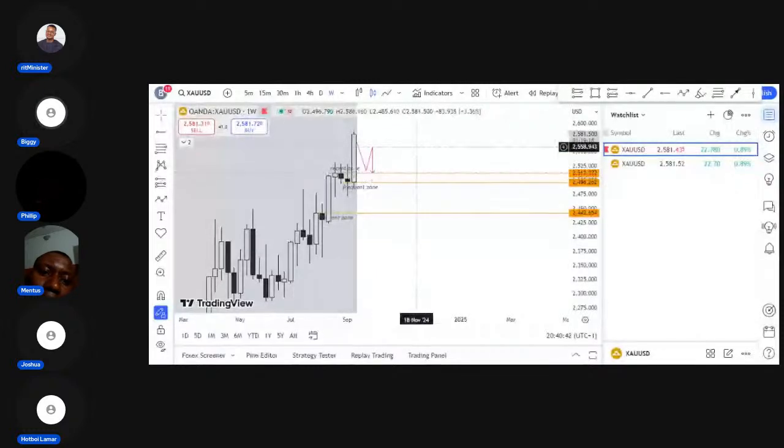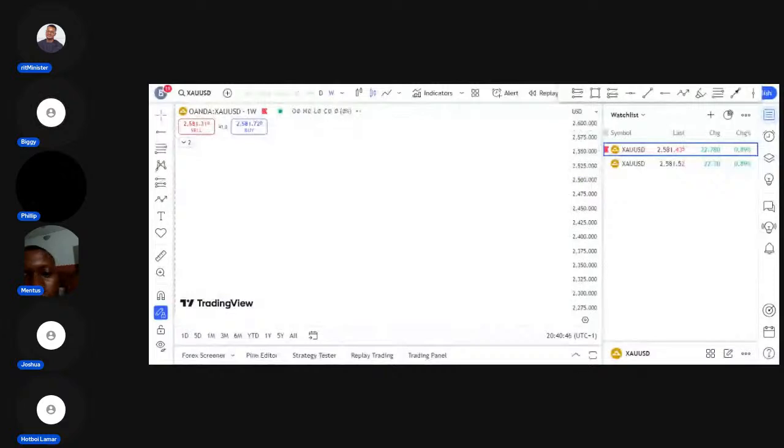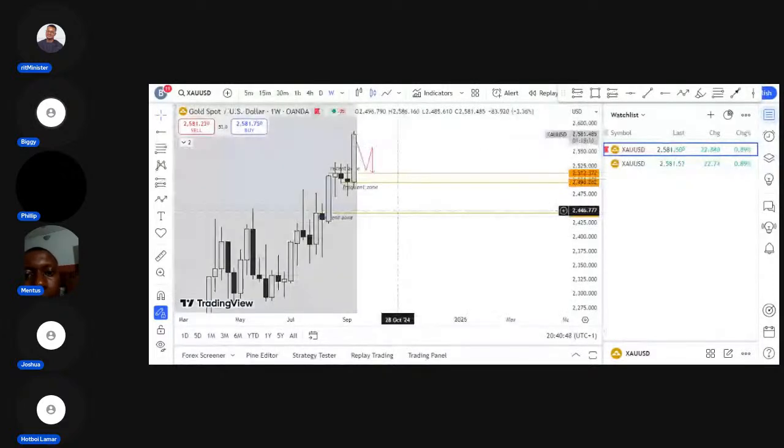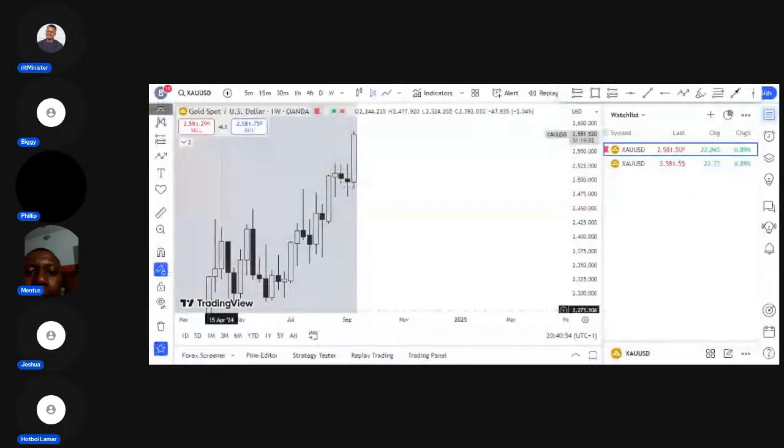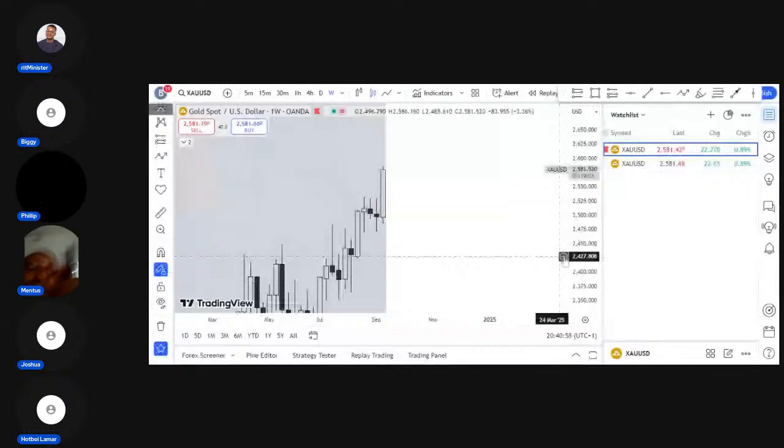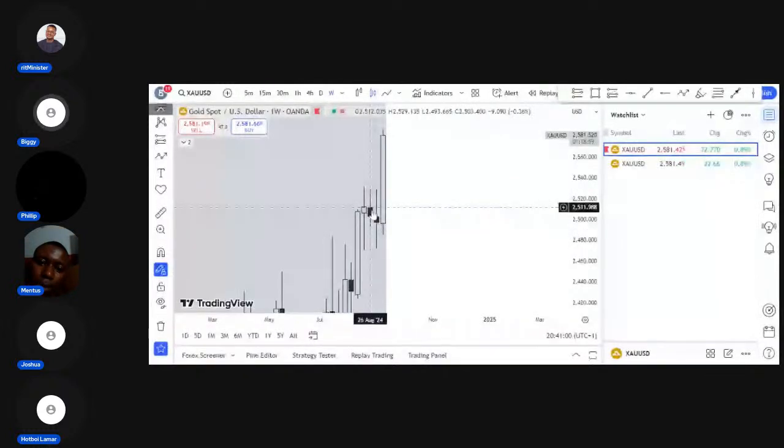You first of all mark the recent zone and then the frequent zone on the weekly time frame. So let me take this out. This here is our recent zone on the weekly time frame. So you place this here as your weekly zone.